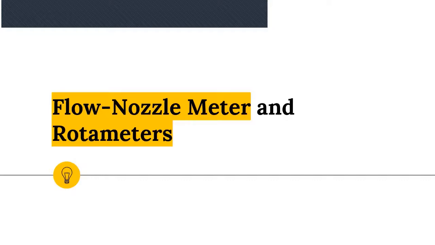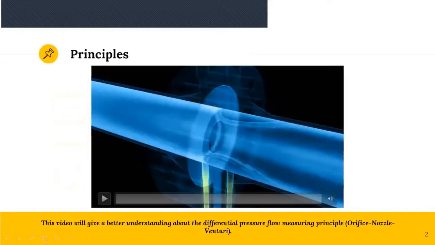For flow nozzle meter, we will see a video first, so that you will know what is the difference between the orifice and Venturi meter that we discussed yesterday and the flow nozzle, because it's also similar.